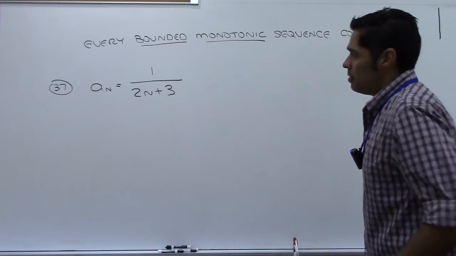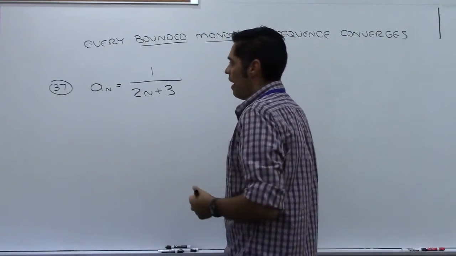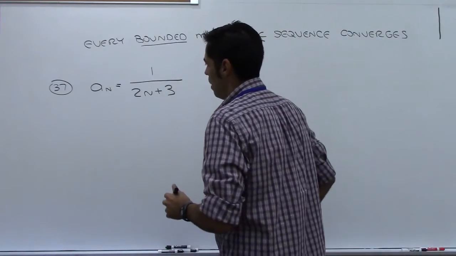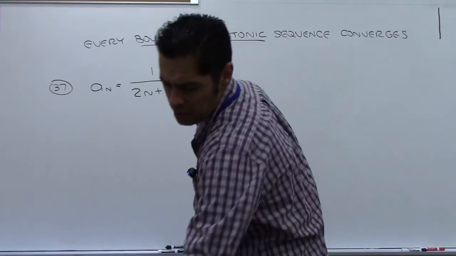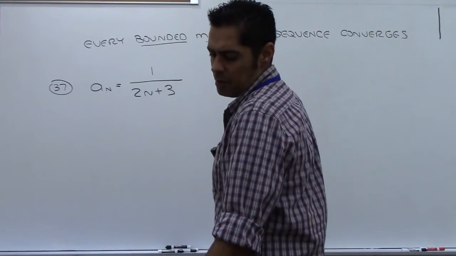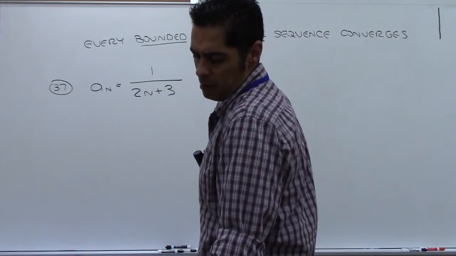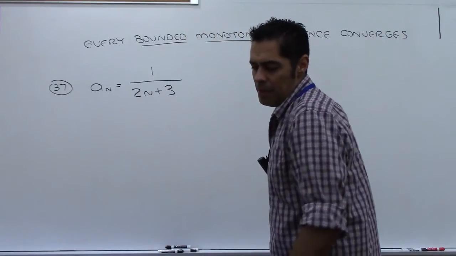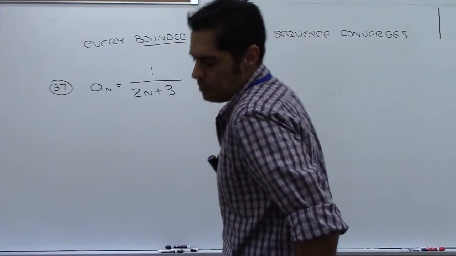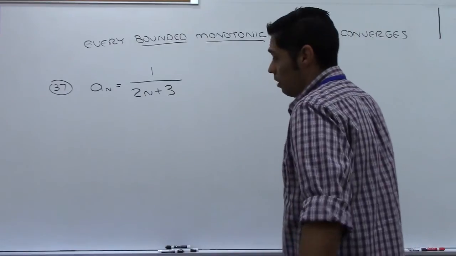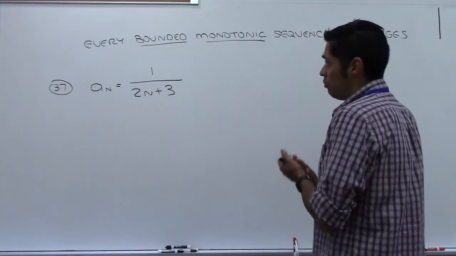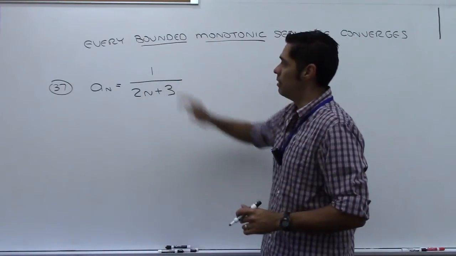What I'd like for us to do, though, is get used to the idea of how to show something as bounded and how it's monotonic. So the instructions say, determine whether it is increasing or decreasing or not monotonic at all. And then, is the sequence bounded? So although we know it converges already, I'm going to just practice showing these two things.